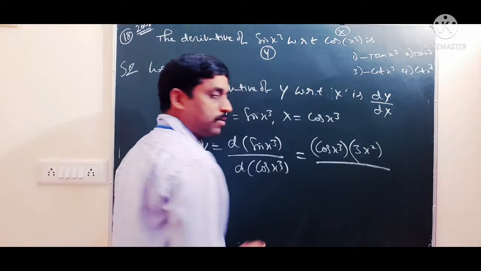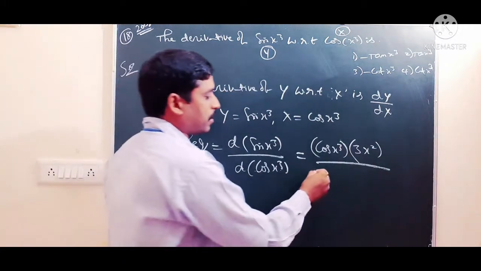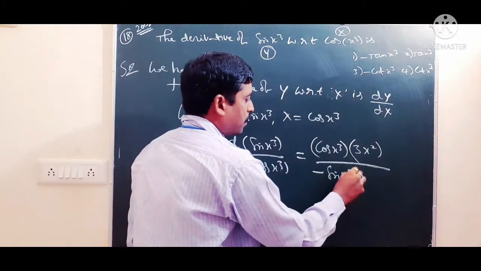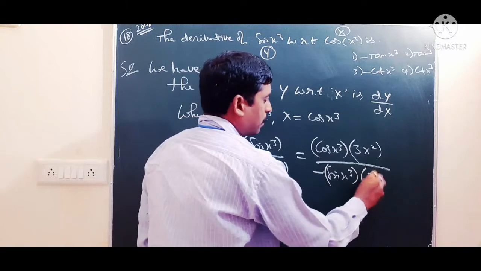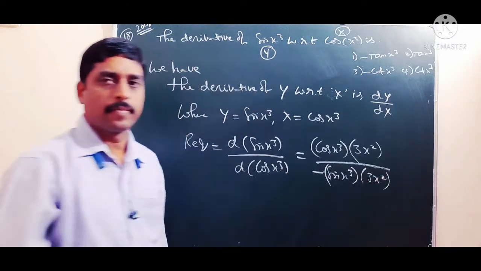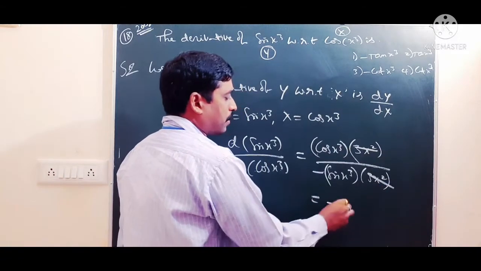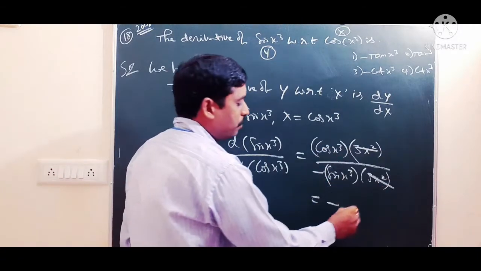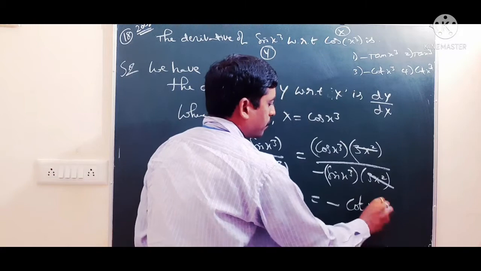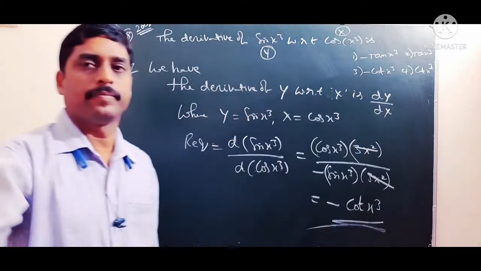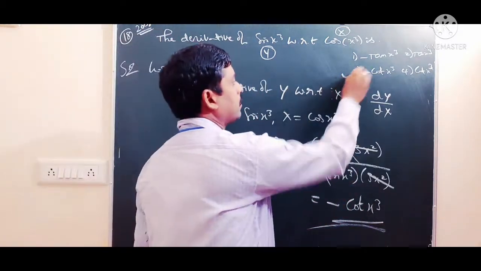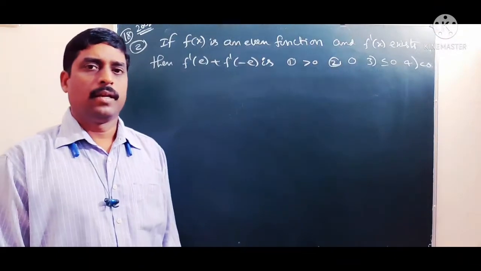The denominator, the derivative of cos x cube, is minus sin x cube into the derivative of x cube, which is 3x square. In this, 3x square gets cancelled, and minus cos x cube by sin x cube is cot x cube. So option 3 is correct.